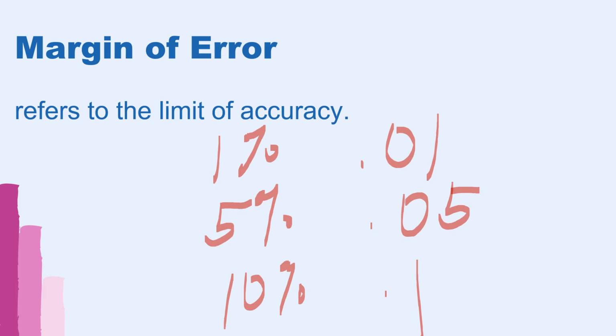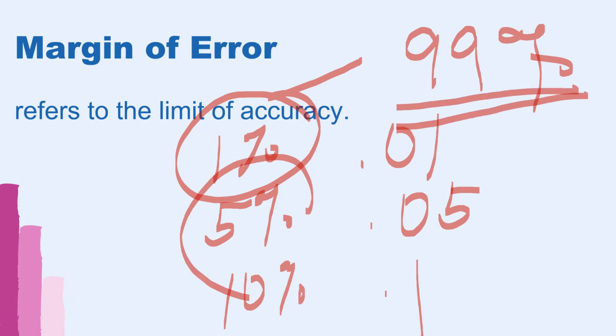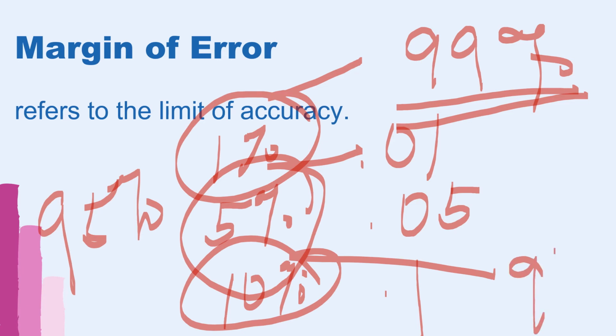If my study has 1% margin of error, it means that it's 99% accurate. If it has 5% margin of error, it is 95% accurate. And if it has 10% margin of error, it means that it is 90% accurate.